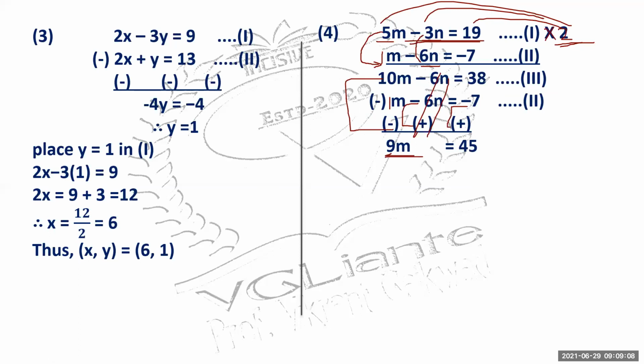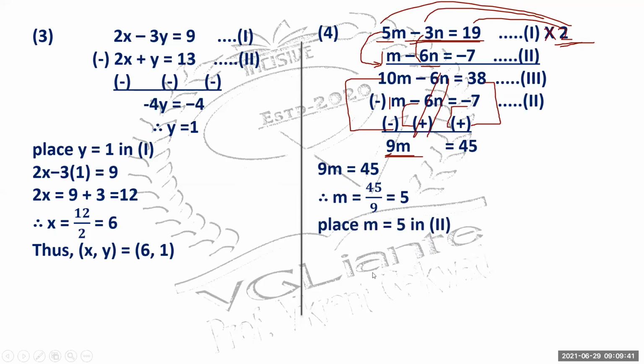And here it is 38 plus 7, the new sign. So you get 9m equals to 45. Therefore, m equals to 45 upon 9, that is equal to 5. Now you have got the value of m equals to 5.